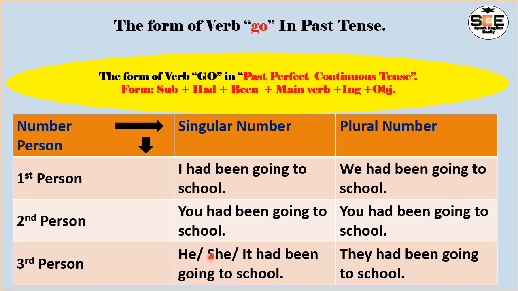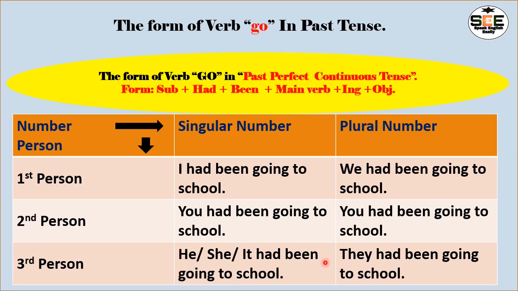Here he, she, it is the third person singular, had is the helping verb, and been is the be verb's past participle form, and go is the main verb, and ing is the continuous form, and school is the object of this sentence. So we can say either he had been going to school, or she had been going to school, or it had been going to school.